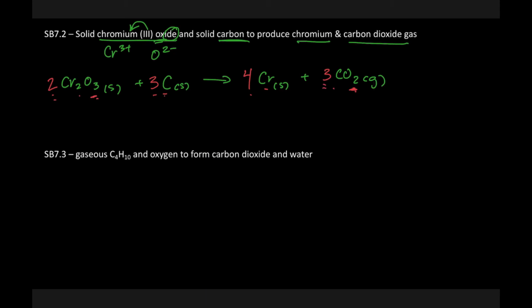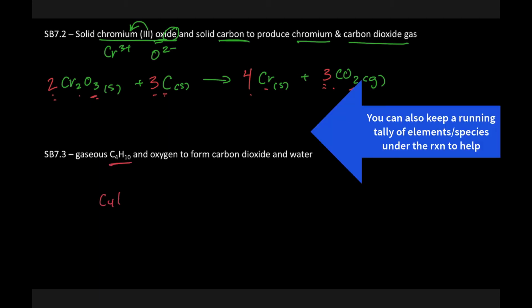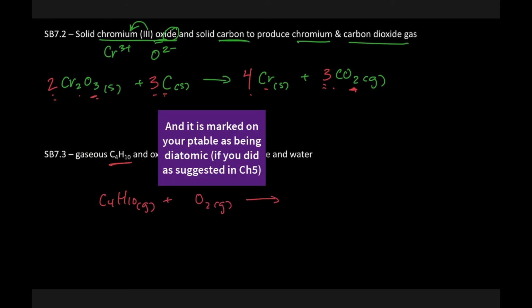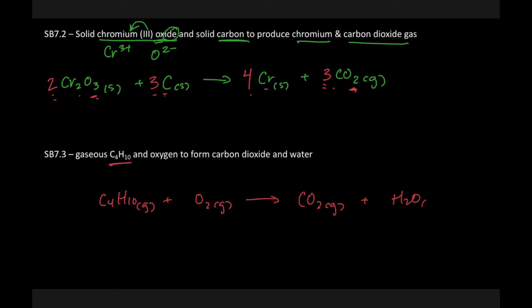Okay, next up we have butane gas plus oxygen. You should just know that oxygen is diatomic and a gas. Carbon dioxide gas, and water, which I just told you, in a combustion reaction is typically a gas. We'll clarify towards the end of the chapter that a carbon-hydrogen compound plus oxygen is combustion.